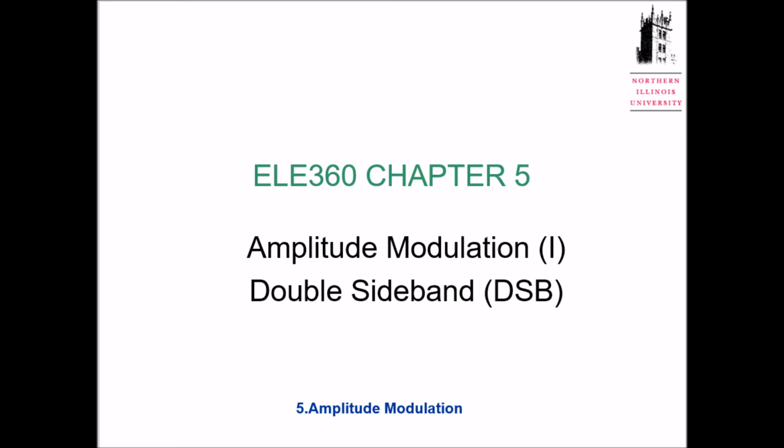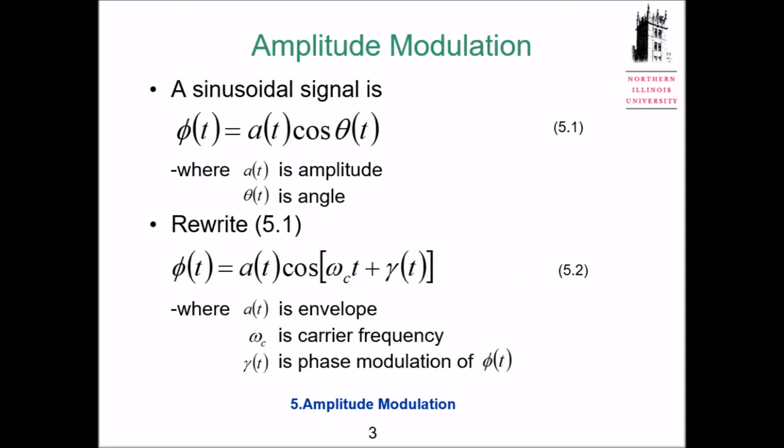Quickly go through what we have learned. We talk about chapter 5, AM modulation. We talk about what is modulation, and modulation has categories: continuous wave and pulse, and why we want to do it.